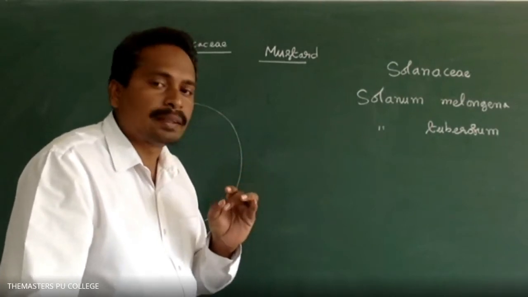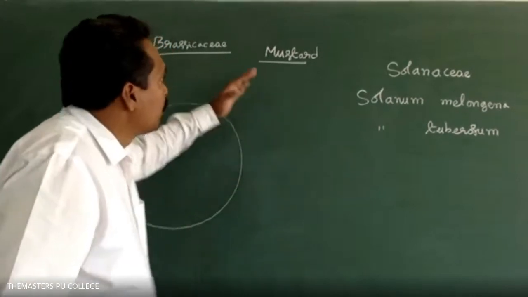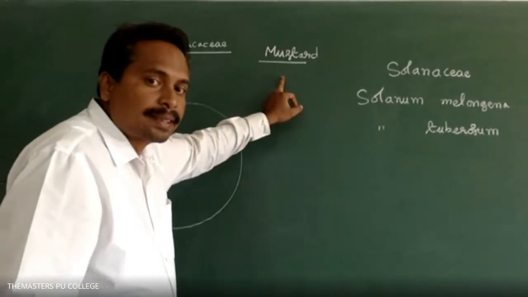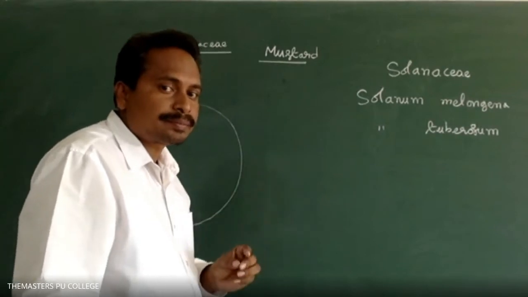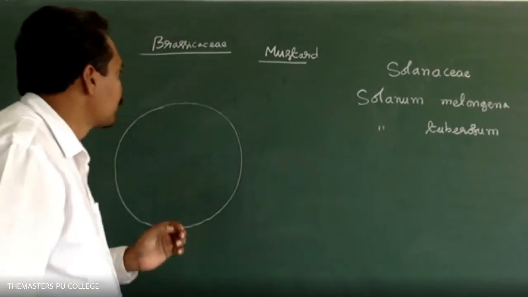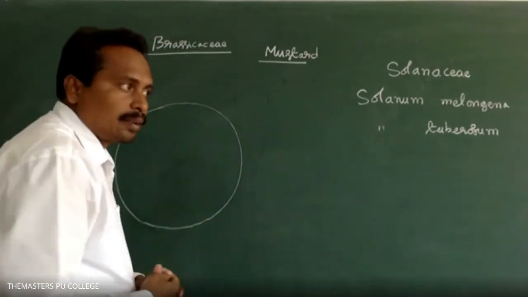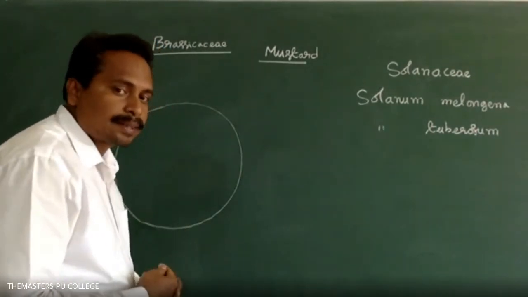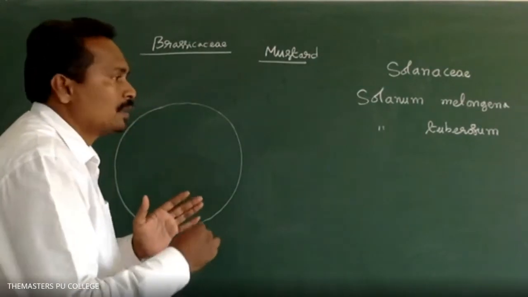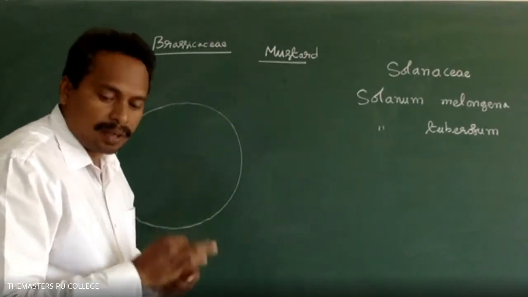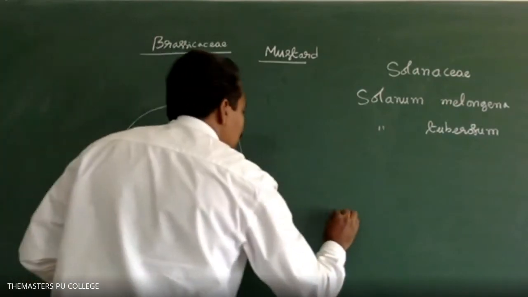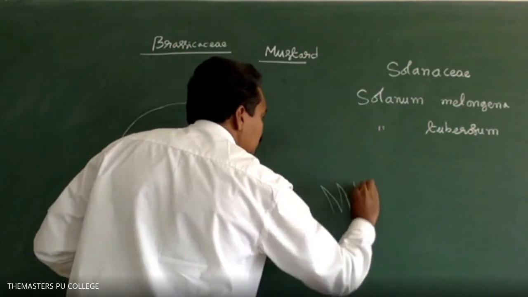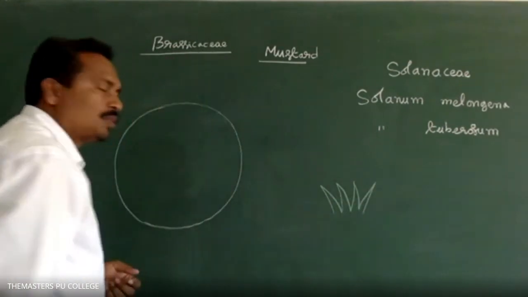Brassicaceae family, one example is the mustard plant. The mustard plant belongs to which family? Brassicaceae. In the floral diagram of the mustard flower, four sepals are present.